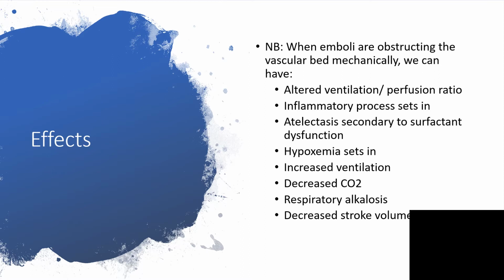And when that is happening, when the part of the lungs or lobe is collapsing, then there will be hypoxemia with increased ventilation trying to meet up with the requirement. That will lead to decreased carbon dioxide, CO2. And when the acid level is low and alkalinity is high, that's respiratory alkalosis. And subsequently, decreased stroke volume.